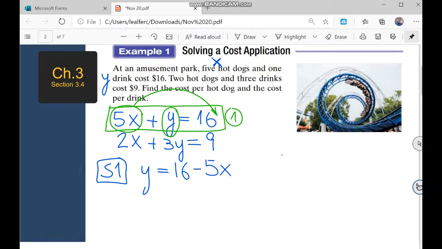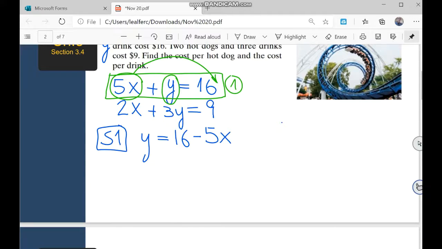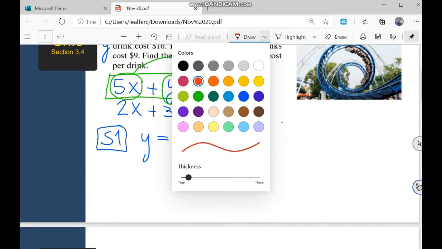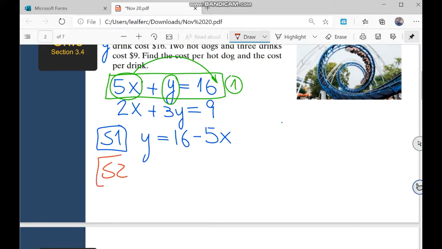We're done with step number 1. Let's work now on step 2. We take the second equation, which is 2x plus 3y equals 9. This is equation number 2. And we will substitute every time we find y by the expression 16 minus 5x.